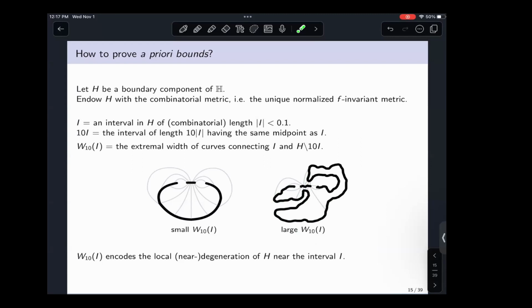So in some sense, this quantity encodes the local near degeneration of H near the interval. And whenever it's very large, this is really the bad situation that we're in, and this is the source of very high dilatation as a quasicircle.